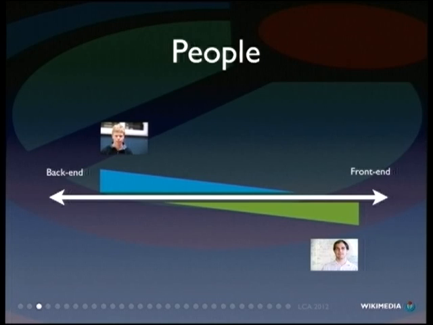So the reason that we did this project together, and I should probably tell you that the project we're presenting about today is Resource Loader, which is a framework for MediaWiki for delivering JavaScript and CSS and image resources to the browser. The reason it worked well for us to do this project together is that I'm kind of a back-end person, but I have some front-end experience because at some point I was shoehorned into a front-end development job.